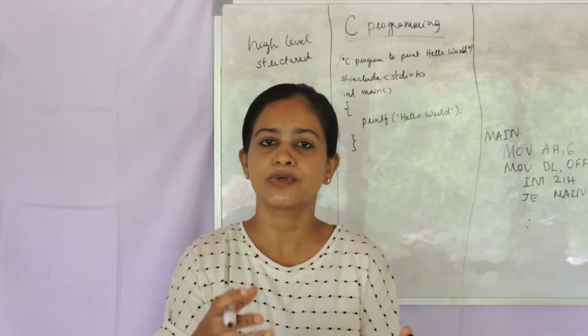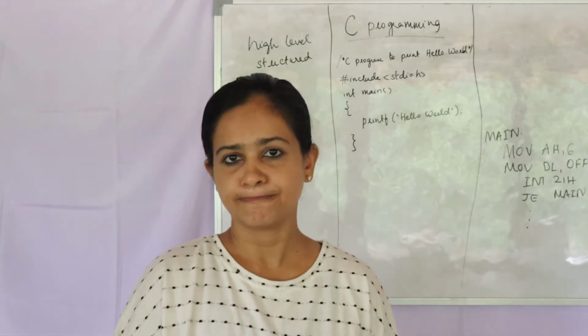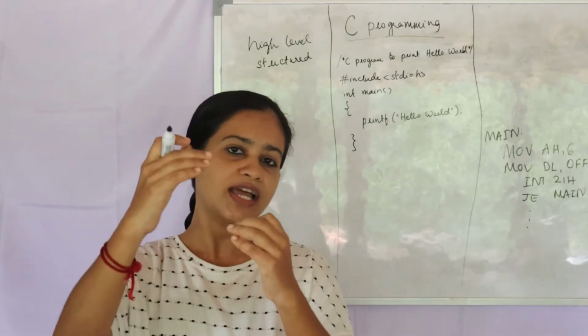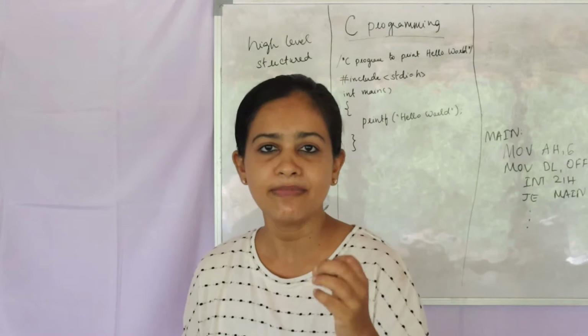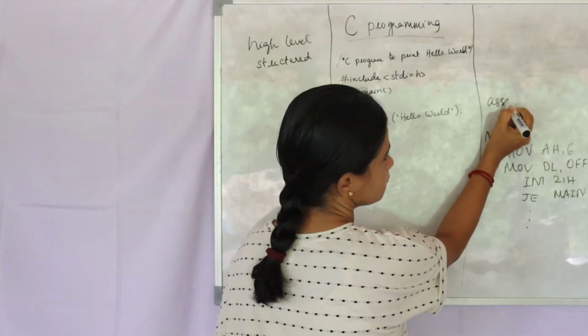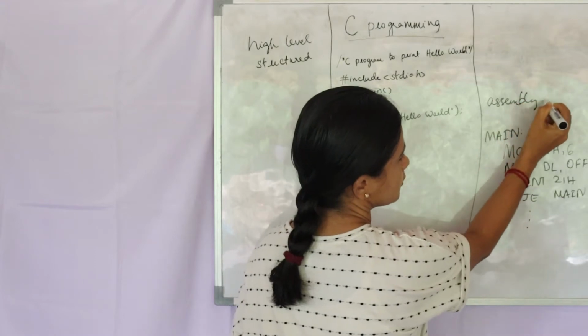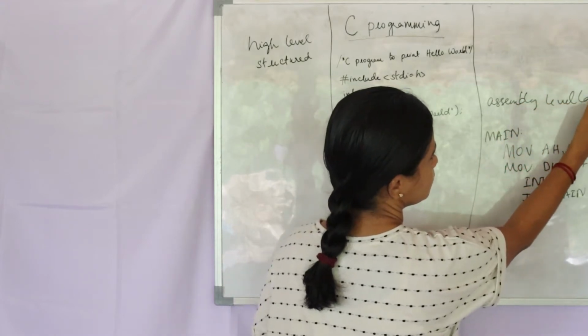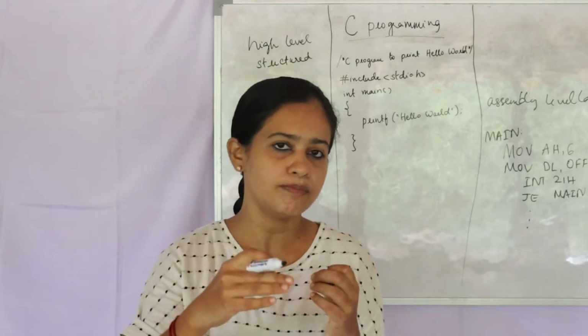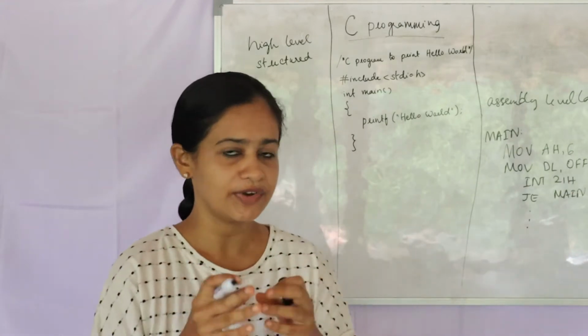Or we can't write a program in zeros and ones, right? That's about machine language. Then above that we have something called assembly level language. This is slightly above machine language, which is human readable.